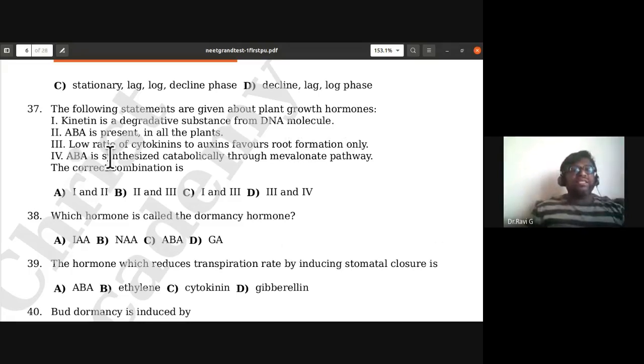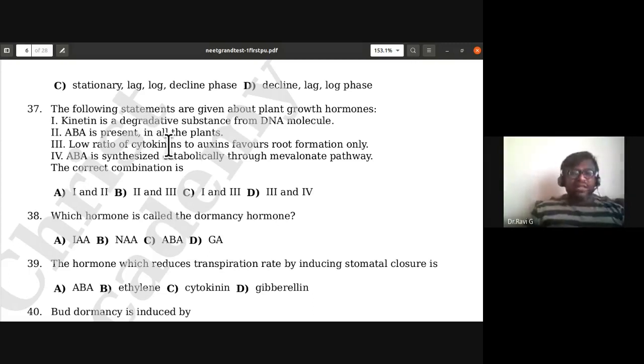ABA is synthesized catabolically through mevalonate pathway. So the answers are, so the 37th, the answer is C, 1 and 3. Kinetin is a degradative substance obtained from DNA molecule, and the third one is correct answer. First and third one are correct answer.